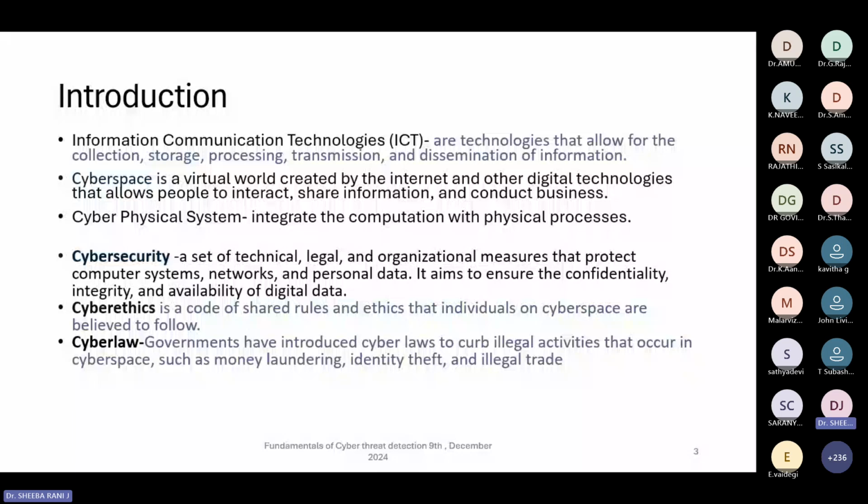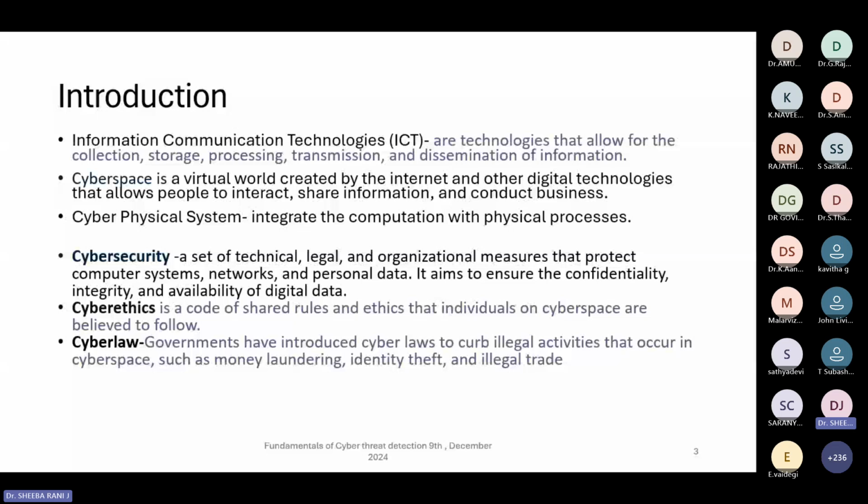And this cyberspace, based on the applications, interfaces with cyber physical systems. So what is a cyber physical system? It integrates computation with physical processes. Whatever we are communicating and doing ends up with some physical processes, means some sensors or IoTs, which will take some actions based on that. So we say it is a cyber physical system.